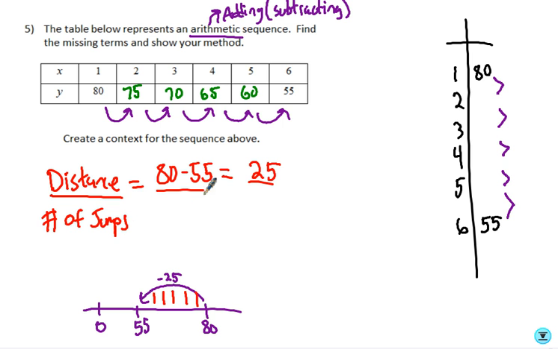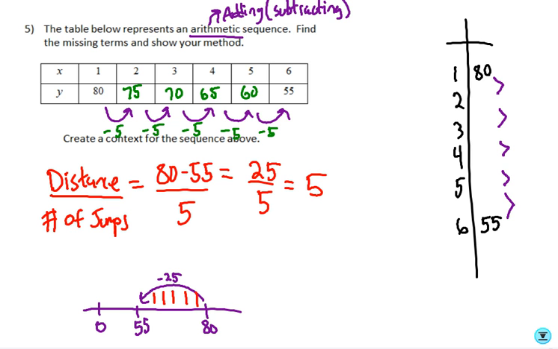In this case, we made 5 jumps. So 25 divided by 5 gives you 5. Oh, okay. So we proved that what we're doing is minus 5 each time. So this was our way of figuring it out without just doing the whole guess and check thing. Now it says create a context.